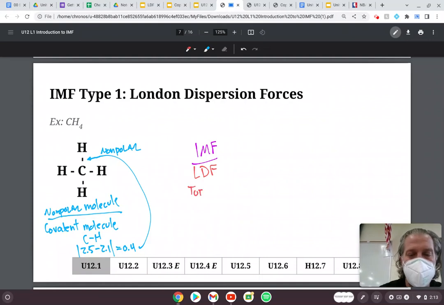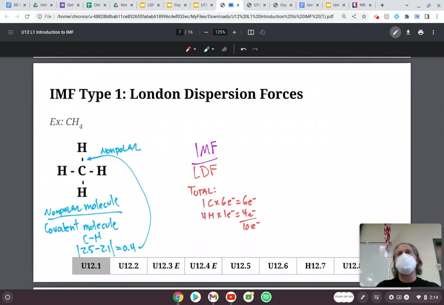So the total number of electrons in CH4 is there's one carbon times 6 total electrons for 6 electrons. There's 4 hydrogens times 1 electron for 4 electrons. We add that up and we have 10 total electrons.